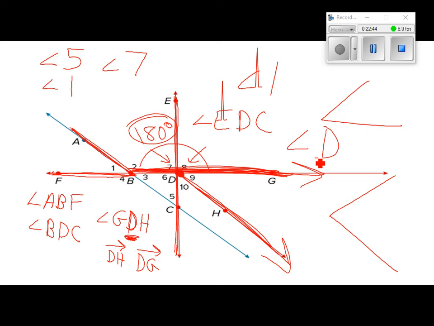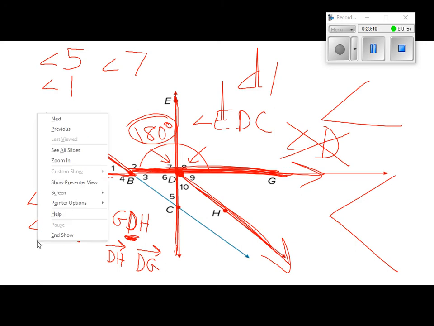GDH, EDG. Do we know which one is angle D? There are several. That's why we don't name it with just that 1 letter, because whoever looks at it next, are they going to know which angle we're dealing with? That's why I don't like naming it with 1 letter, because it could be any of those angles. So we don't know which one it is.